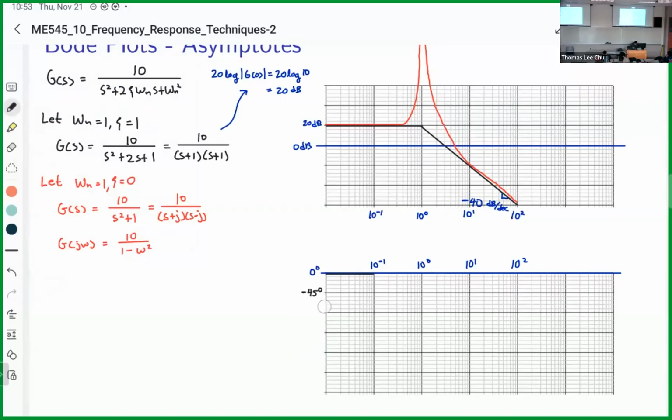Actually, I'm going to use the whole axis here, a little bit better for my drawing. So we're going to hit minus 90 degrees at the break frequency and stop decreasing at minus 180 degrees because of the 2 poles. And this is for the critically damped system, zeta is equal to 1.